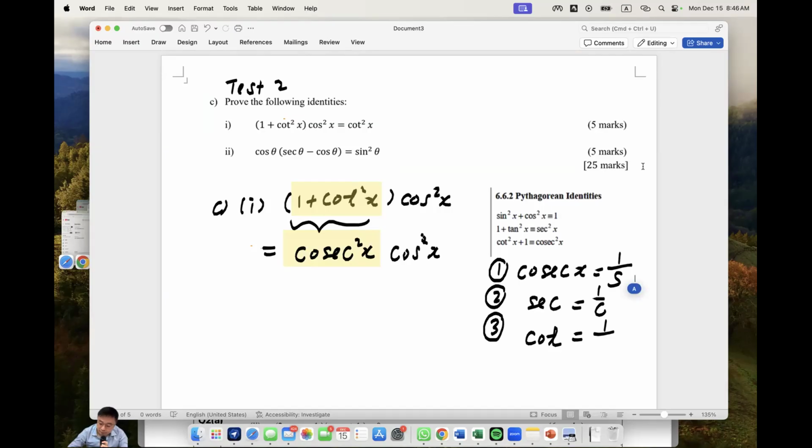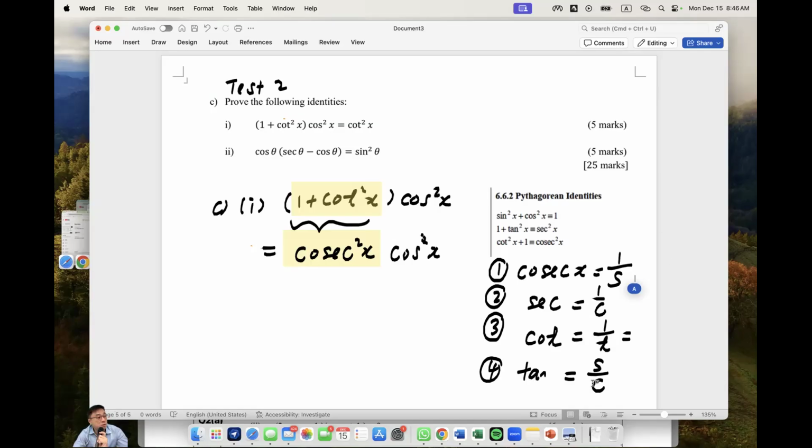Okay, calm down, calm down. Yes, okay, Yanbing, can you tell? How about tangent? What can we write tangent into? Sine over cos. I think a few of the students have mixed up the cotangent and tangent.